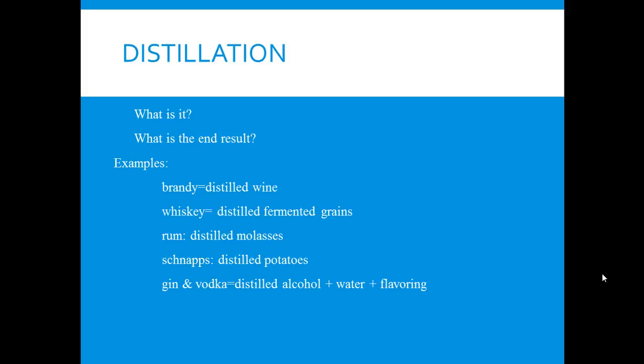Okay, distillation. This is a process where alcohol, generally alcohol that may have been produced by fermentation, is heated, okay, because there is a temperature point where alcohol will vaporize.